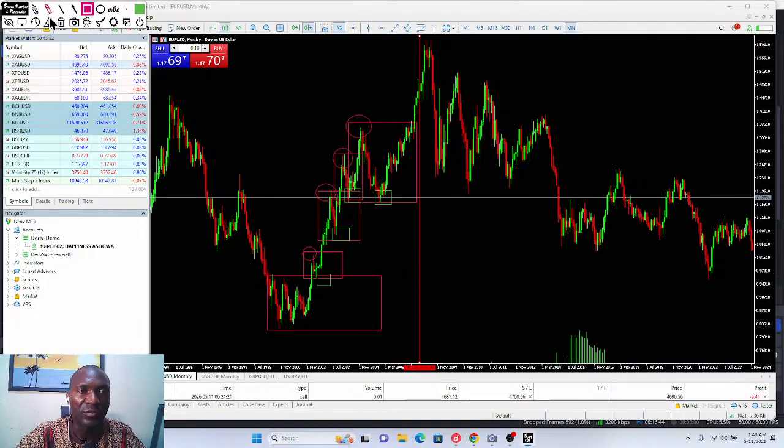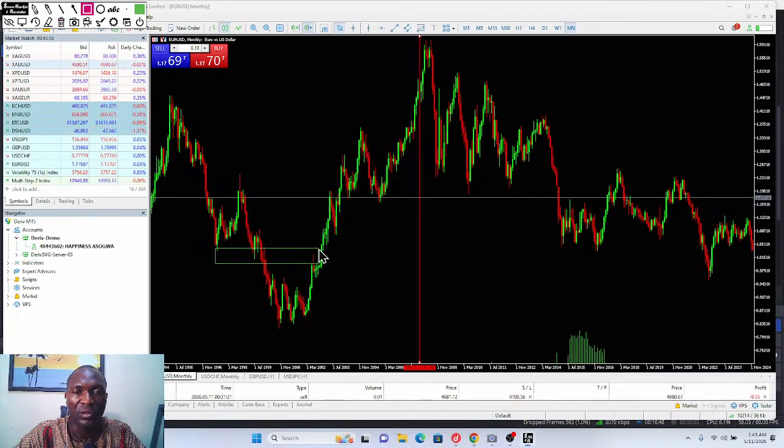Okay, that's that. Now I want to look at the last type of market structure, which are patterns that price has built over time to determine its behavior. Okay, good.